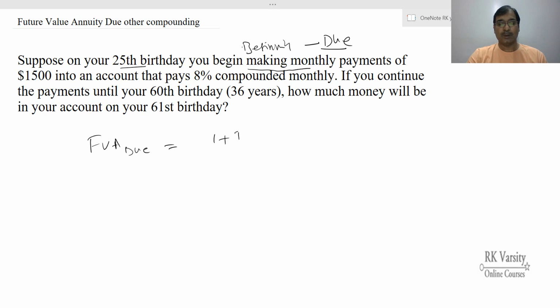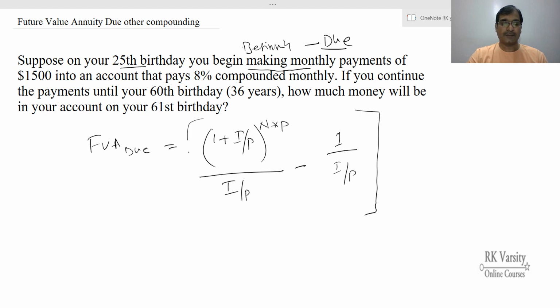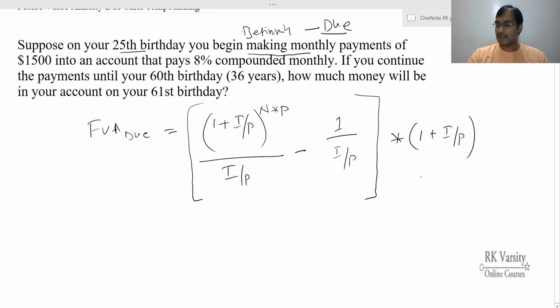it is (1 + I/P) raised to the power of n times P, upon I by P, minus 1 upon I by P. And this is for ordinary annuity, and for annuity due, what you need to do is add one more interest factor, that is 1 plus I upon P. This is the addition that you need to make in case of annuity due, and the rest is for ordinary annuity.